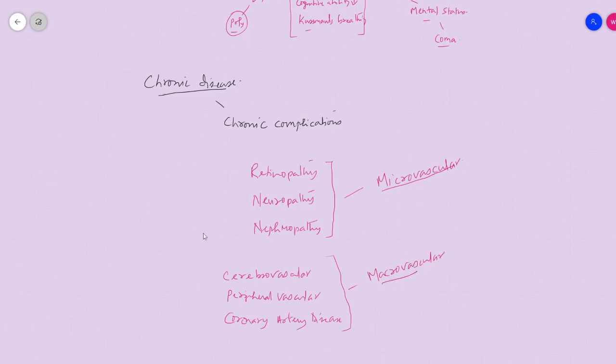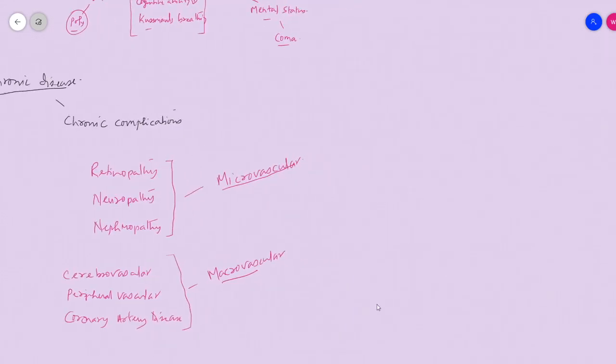So why are we treating diabetes mellitus? Let's write it down here so that we don't forget. Why should we treat?